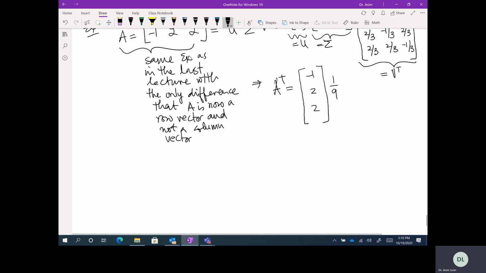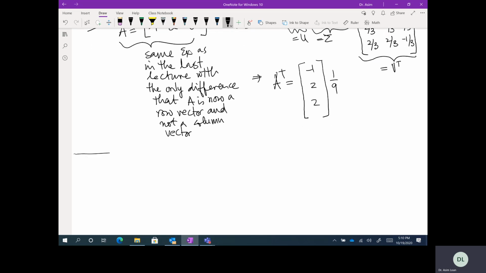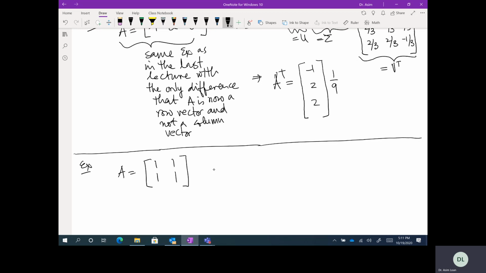Okay. The last example is for a symmetric matrix. So A is 1, 1, 1, 1, and B is 0, 1.